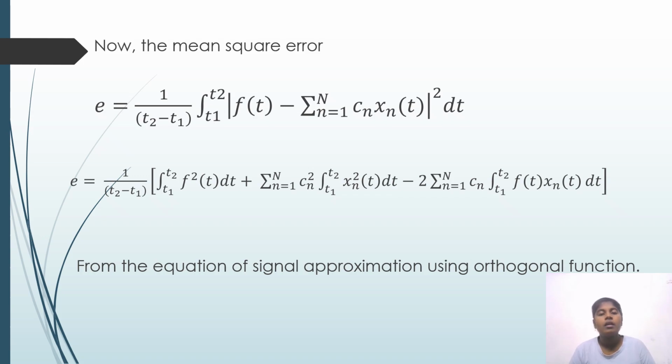Here E equals 1 by (t2 minus t1) times the integral from t1 to t2 of f square of t dt plus the summation from n equals 1 to N of cn square times the integral from t1 to t2 of xn square of t dt minus 2 times the summation from n equals 1 to N of cn times the integral from t1 to t2 of f(t) xn(t) dt.